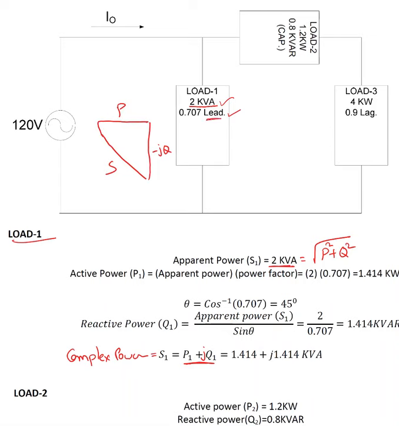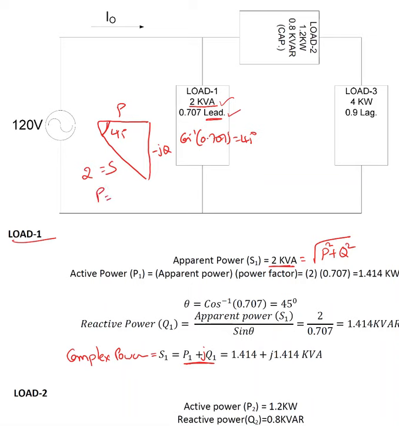Since leading means capacitive load, which means minus jQ. This angle is cos inverse of 0.707, which is 45 degrees. So I know the angle and the S value, and from there I can find the P value.